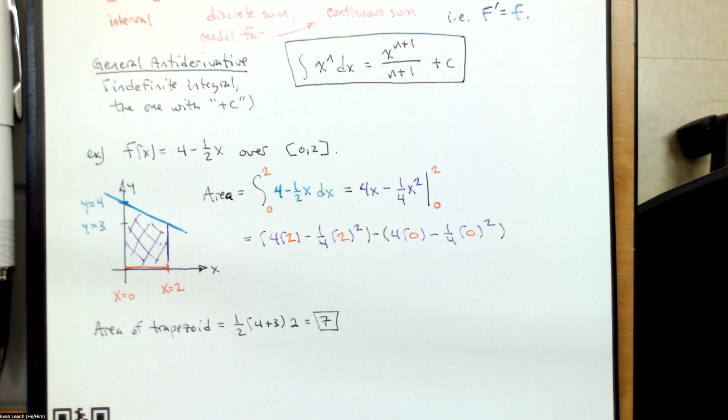In this example, the 4 minus a half x is the little f of x. 4x minus a half x squared is the capital F of x. 4 times 2 minus a quarter of 2 squared, that's capital F at b. 4 times 0 minus a quarter 0 squared is capital F at a.